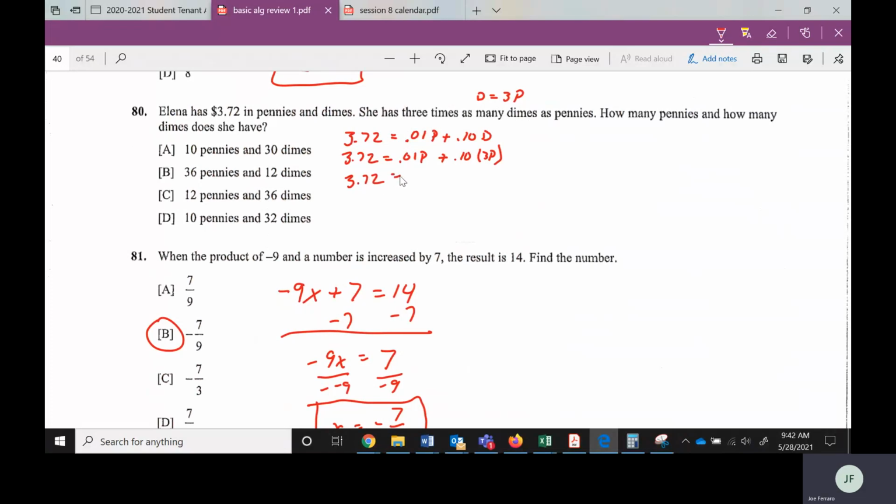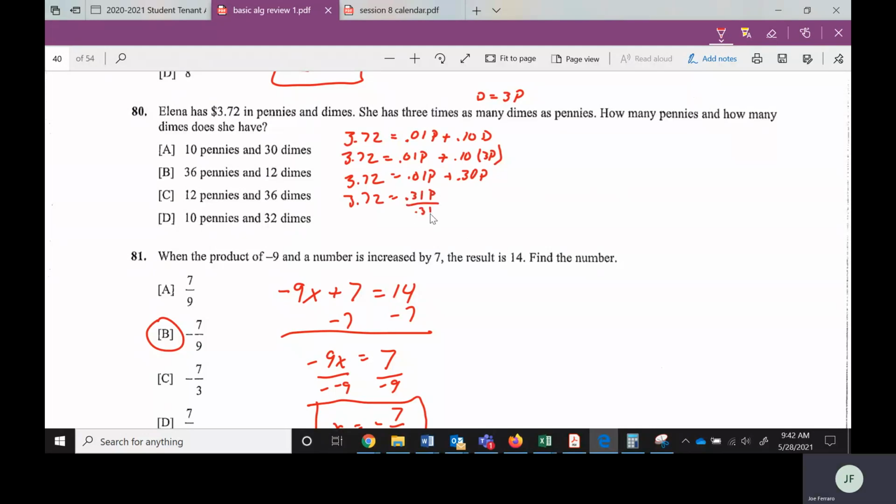I'm going to keep bringing this down. 0.01P plus, now we're going to take 0.1 times 3, which is 0.30P. Add them, they're like terms now, they're both P, so we can add those up. 0.01 plus 0.30 is 0.31.